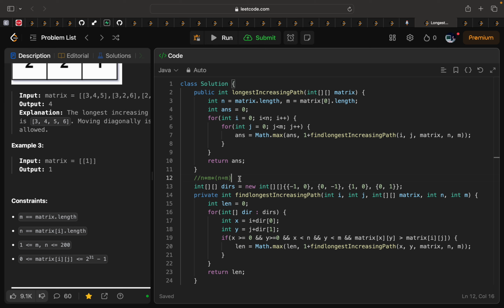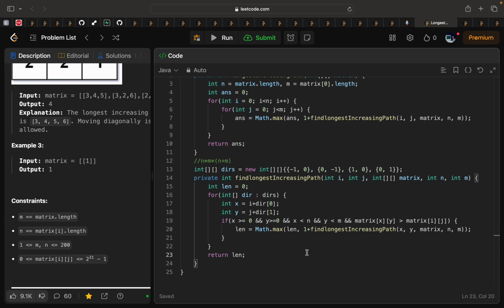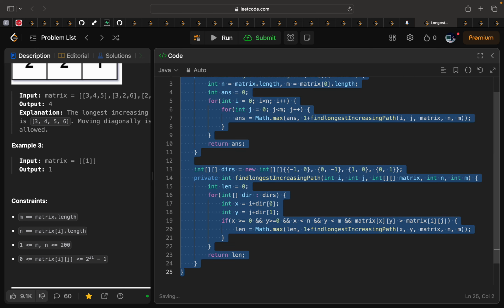This is a DFS function, so let's ask ChatGPT what is the time complexity of this particular solution.